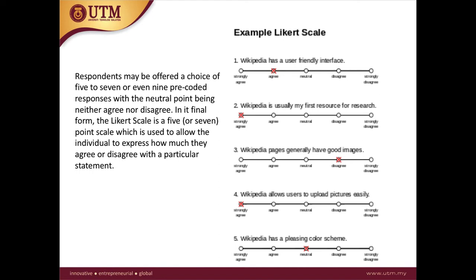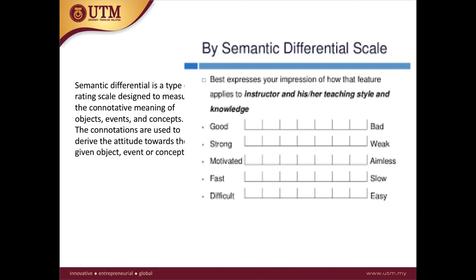Okay, odd number. All right, so you can see a lot of examples here. This is another Likert scale style. Okay, best expresses your impression of how the features apply to the instructor. For example, good, bad, strong, weak, motivated, aimless, fast, slow, difficult, easy. From here, you're going to ask the user to cross or tick 1, 2, 3, 4, 5, 6, 7. See, odd number.